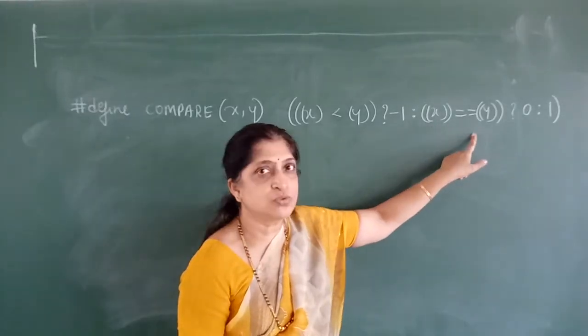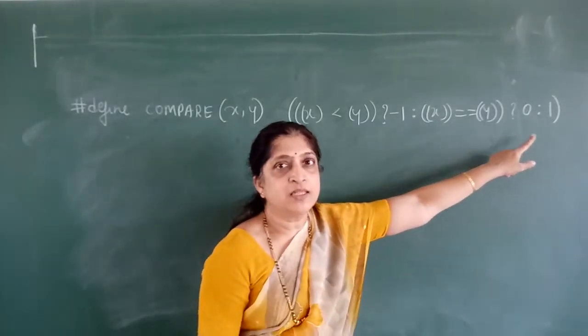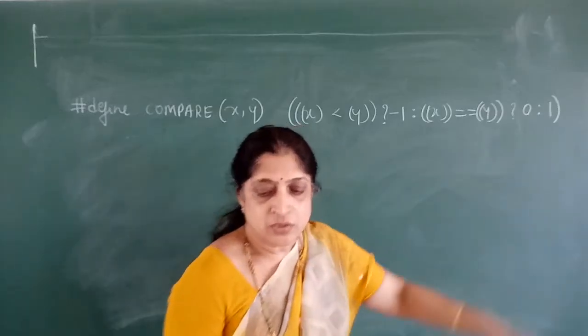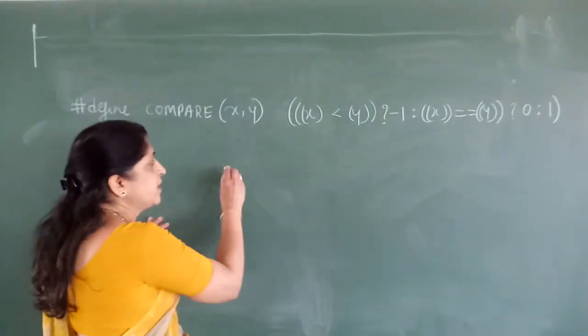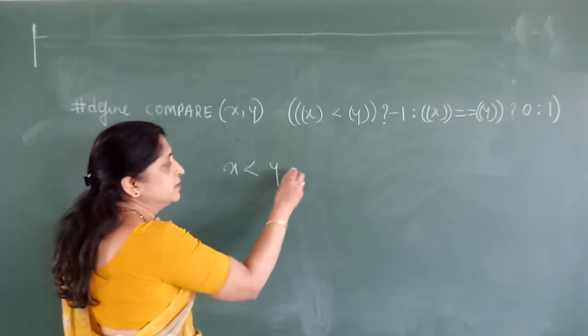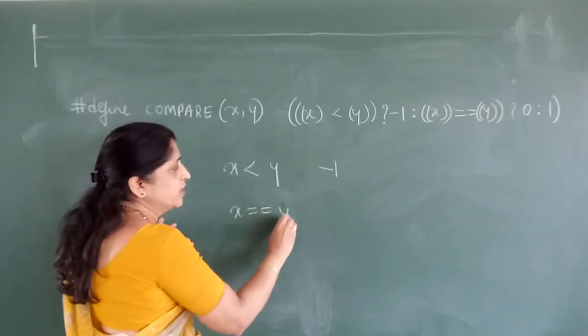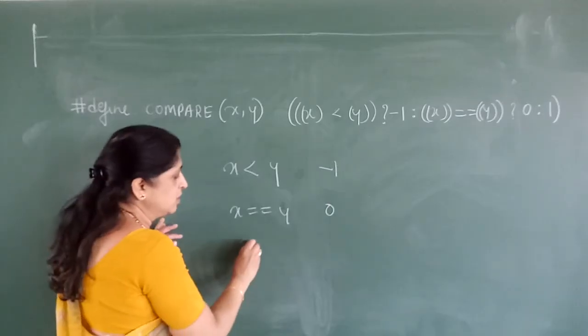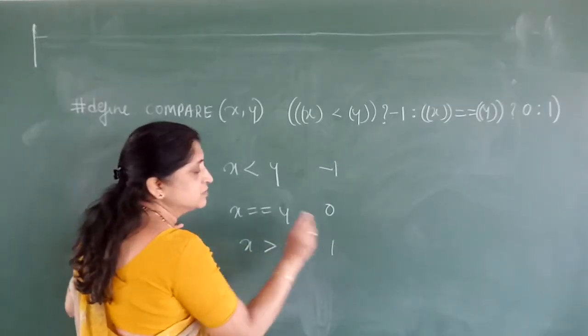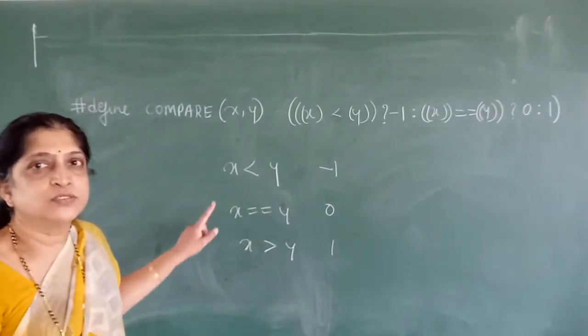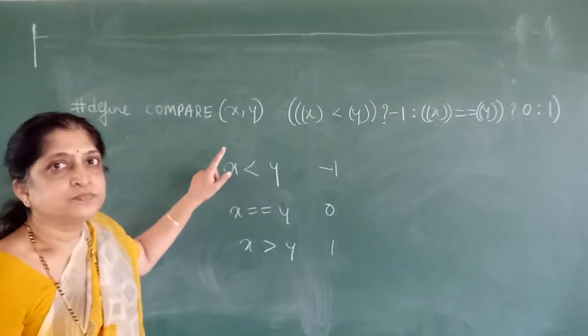If this condition is true, then it returns 0, otherwise it returns 1. So if x is less than y, it returns -1. If x is equal to y, it returns 0. If x is greater than y, it returns 1.